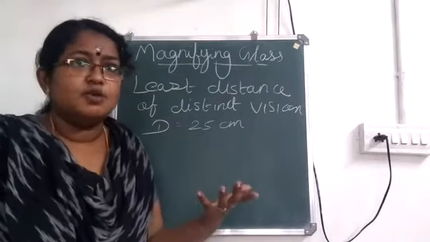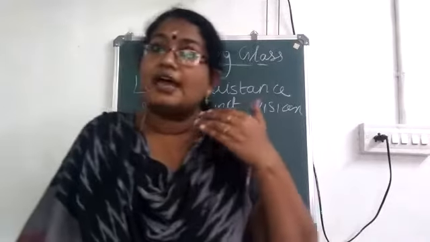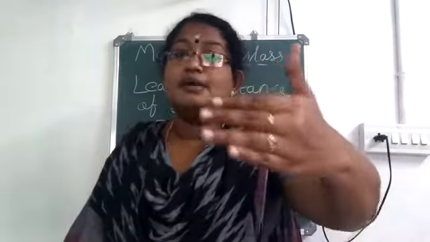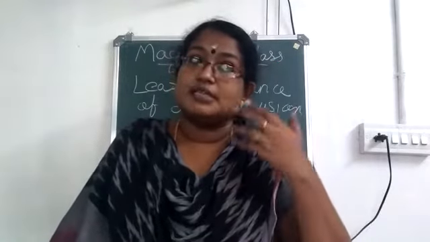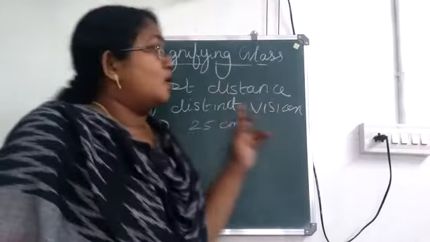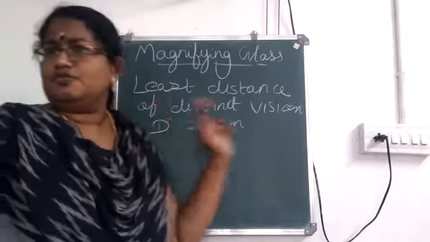So did you understand what is least distance of distinct vision? If you want to see an object distinctly, it should be kept at a minimum distance of 25 centimeter from a normal eye. So that distance is known as least distance of distinct vision.